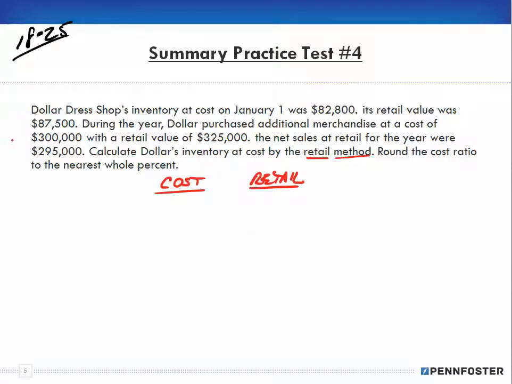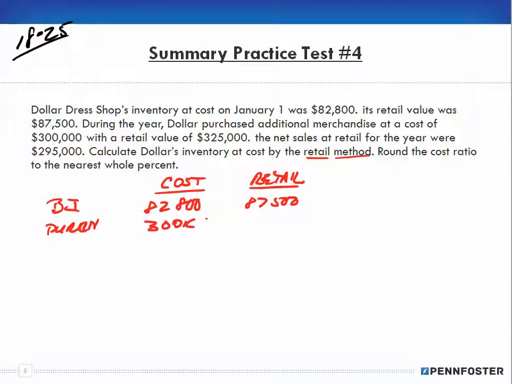So it says here on January 1, our beginning inventory was 82,800. And our retail for that same amount was 87,500. Right. So during the year, Dollar purchased additional merchandise at a cost of 300,000. So we have a purchase at 300,000.